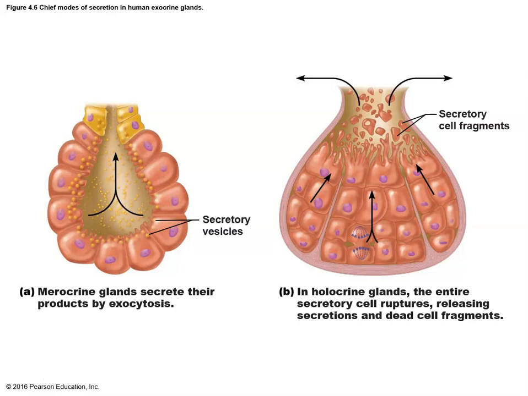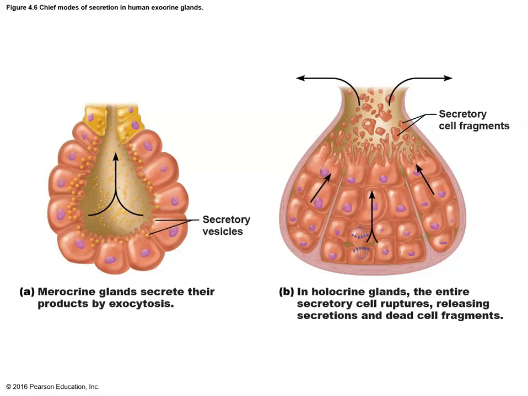In a holocrine gland, the cell makes its product but doesn't release it by fusing with the membrane, but rather the entire cell dies, basically by exploding, and then releases its contents because it broke into pieces, and its internal contents are released into the cavity at that point.